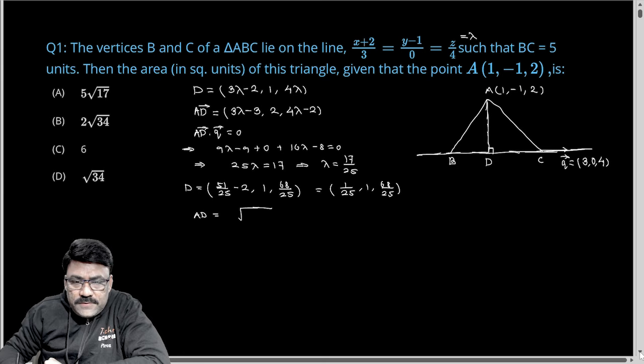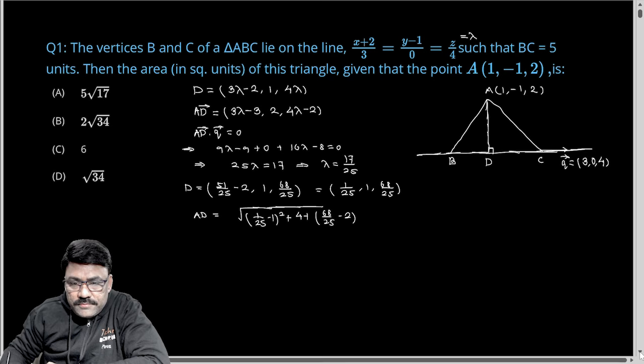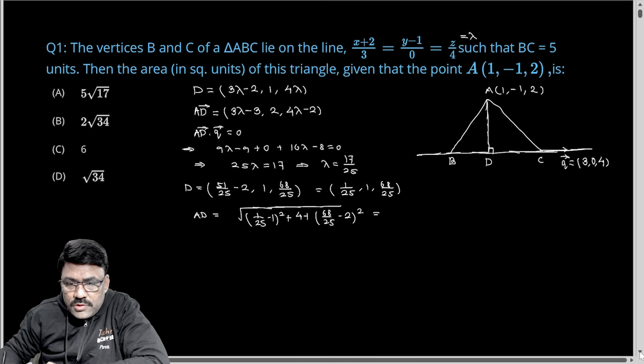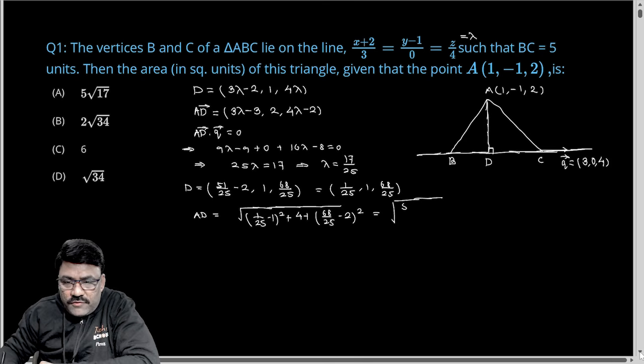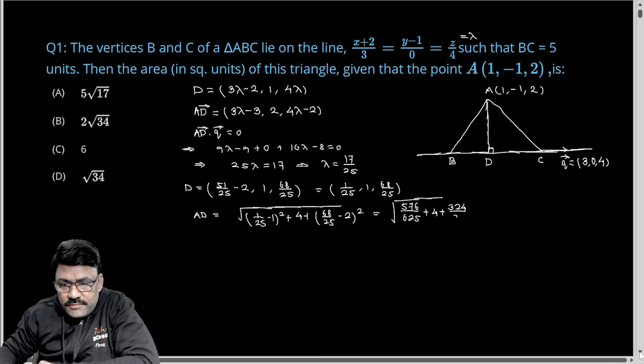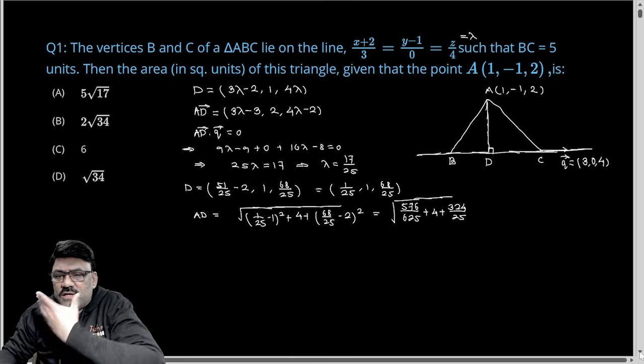AD length will be 1 by 25 minus 1 whole square, 1 plus 1 is 4, and then 68 by 25 minus 2 whole square. So this will be 1 minus 25, 24, which is 576 by 625, plus 4, and then 68 minus 50, 18 square, which is 324 by 25.